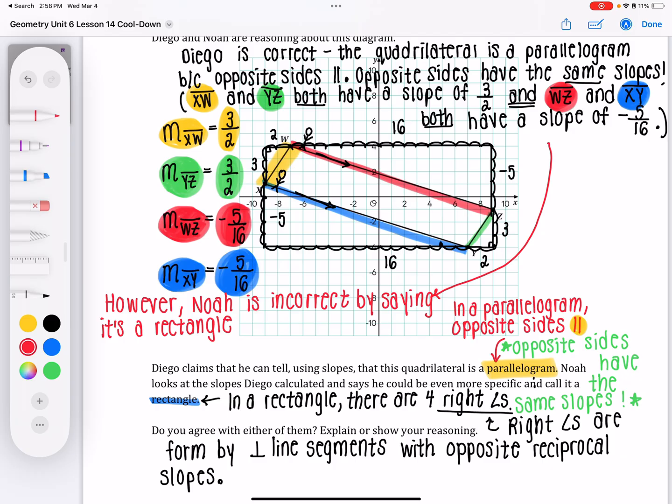It's not a rectangle because adjacent sides, meaning sides right next to each other, are not perpendicular. So this upside down T again means perpendicular. They do not have opposite reciprocal slopes.